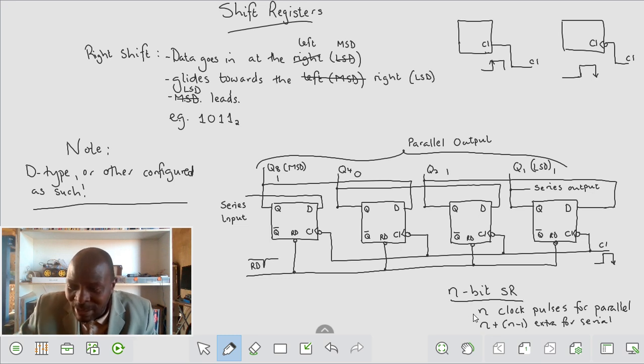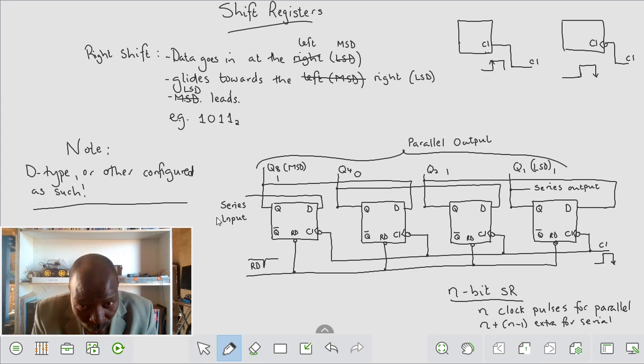I hope I didn't make it too confusing. I did get my tongue twisted a little bit, so people might have fallen off, but it's easy enough to understand. What is most important here is that with the left shift, we entered at the least significant side and glided towards the most significant side.